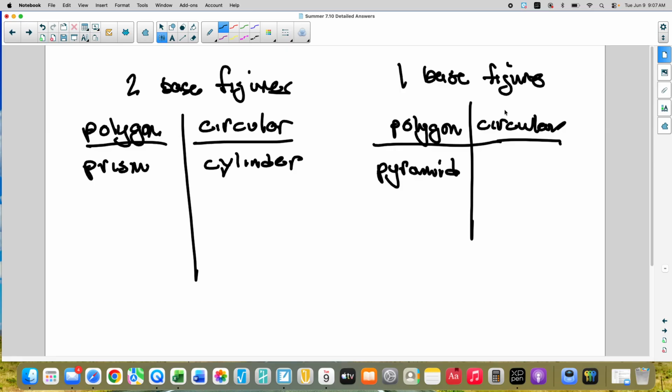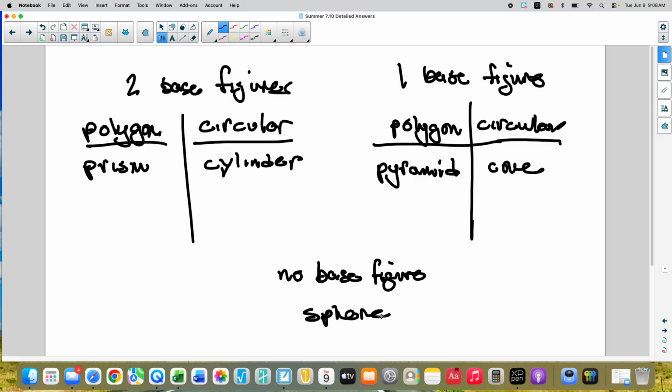And with a circular base, when it only has one base, that's called a cone. And then the other figure that we have is called a no base. No base figure is called a sphere. A sphere does not have any base.